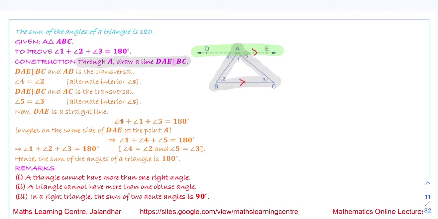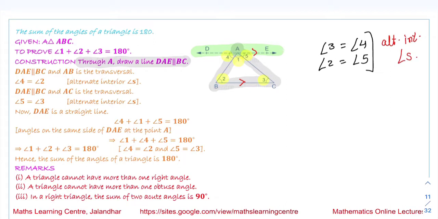Now we have marked these angles over here: angles 1, 2, 3, 4 and 5. Now angle 3 is equal to angle 4 and angle 2 is equal to angle 5. Why? Because these are alternate interior angles.